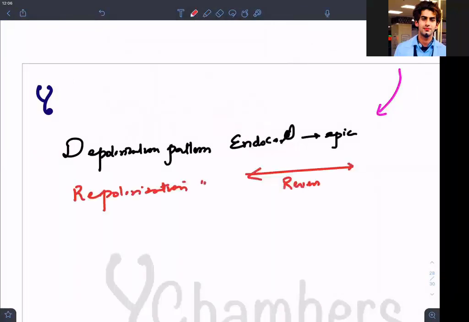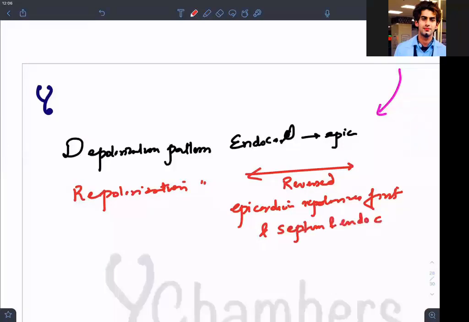So who will repolarize first? Epicardium gets repolarized first. And septum and endocardium will repolarize the last. Are we clear with this? Is there any doubt in this concept?